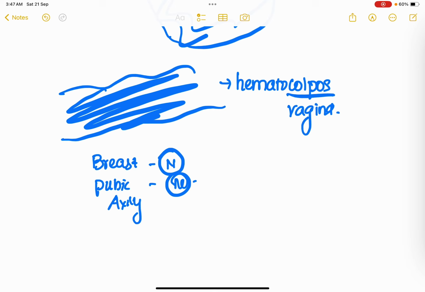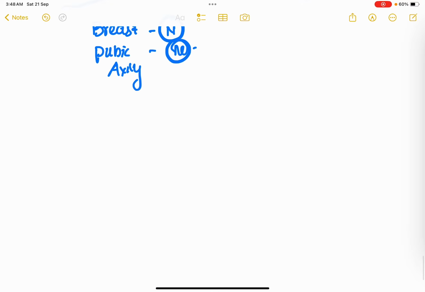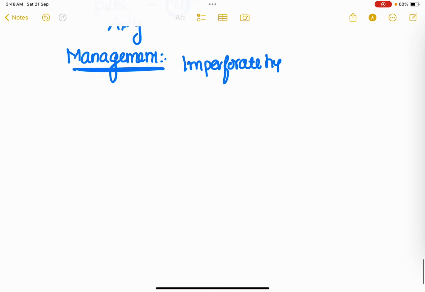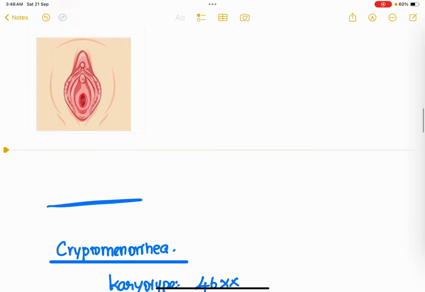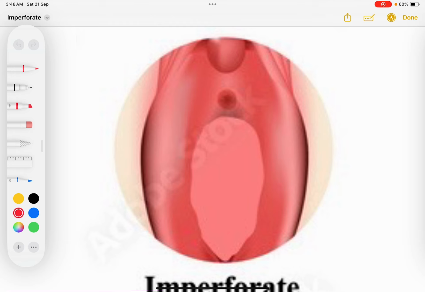Okay, now what is the management you are going to do in this patient? So the management of choice is that in case of imperforate hymen, if this is going to be the hymen, you have to create a cruciate incision here.